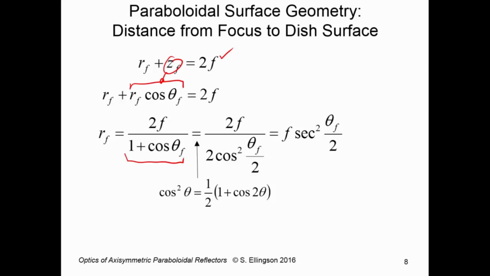We can use the trigonometric relationship cosine squared equals 1/2 times 1 plus cosine of 2 times the original argument to replace the denominator. And this gives us the expression f secant squared theta sub f divided by 2. So what we have found is that the distance from the focus to the dish surface is given by the focal length and the angle to the dish surface that we are considering.